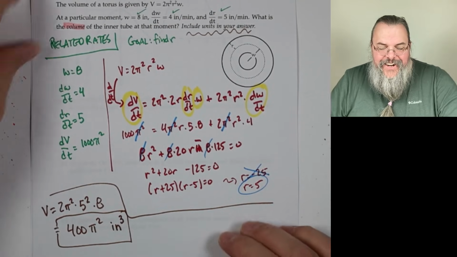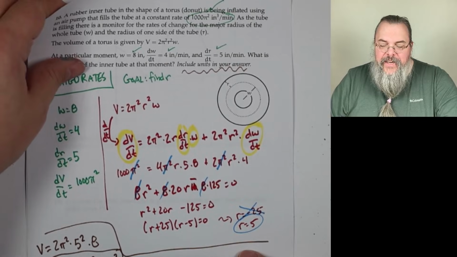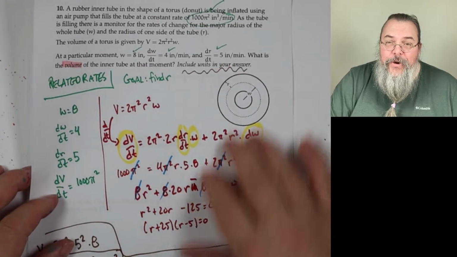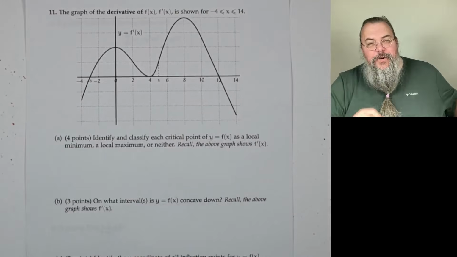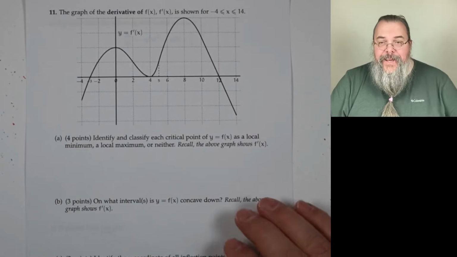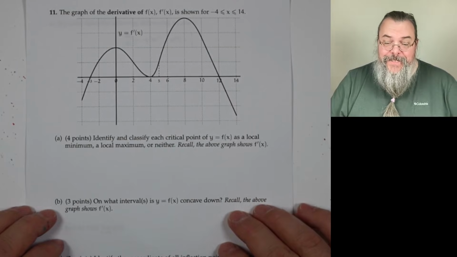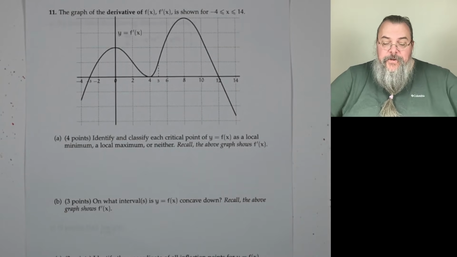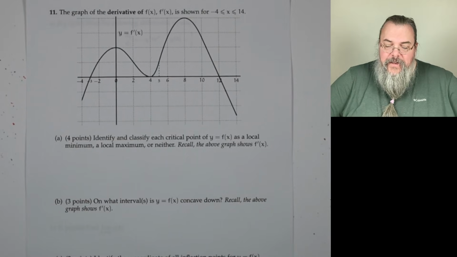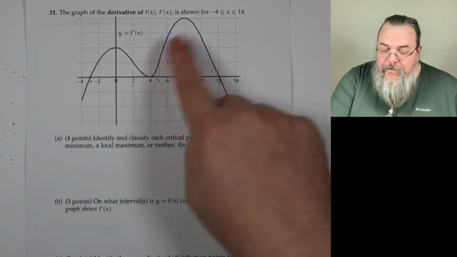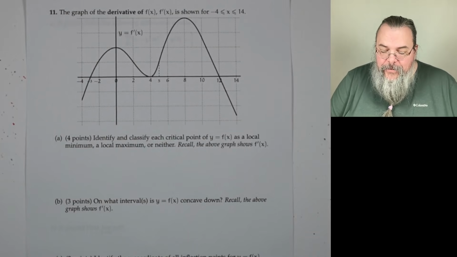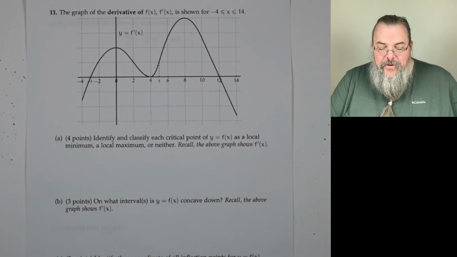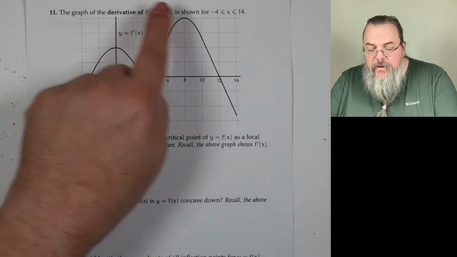Nice. All right. Well, as much as it'd be fun to reminisce about good times, we got to keep going. Number 11. The graph of the derivative of f of x, so this is f prime of x, is shown from negative 4 to 14. So we're told that this is the derivative, which is f prime.